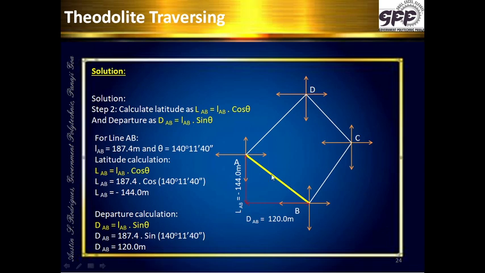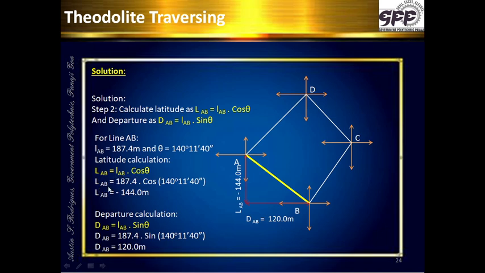For line AB, length AB has been given as 187.4 meters, and theta, this angle, has been given to us as 140 degrees 11 minutes 40 seconds. So now latitude calculation, the formula is latitude AB is equal to length AB into cos theta.